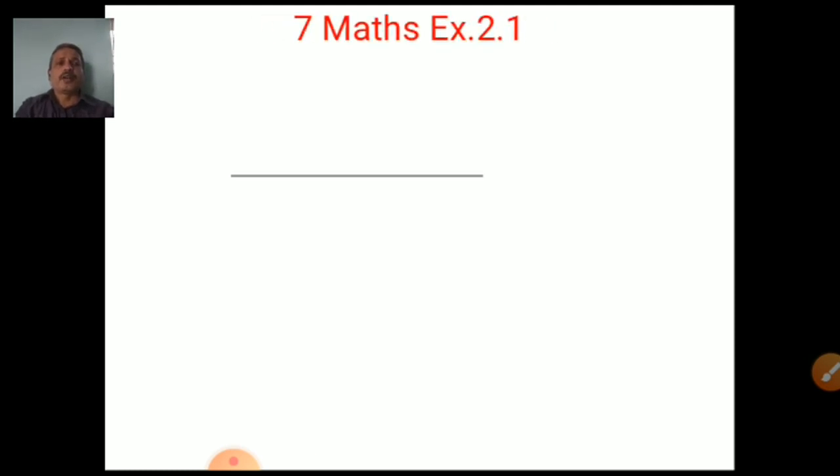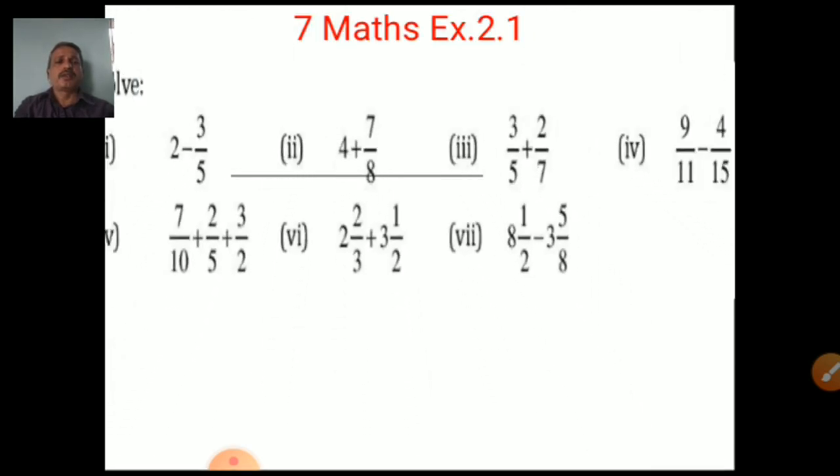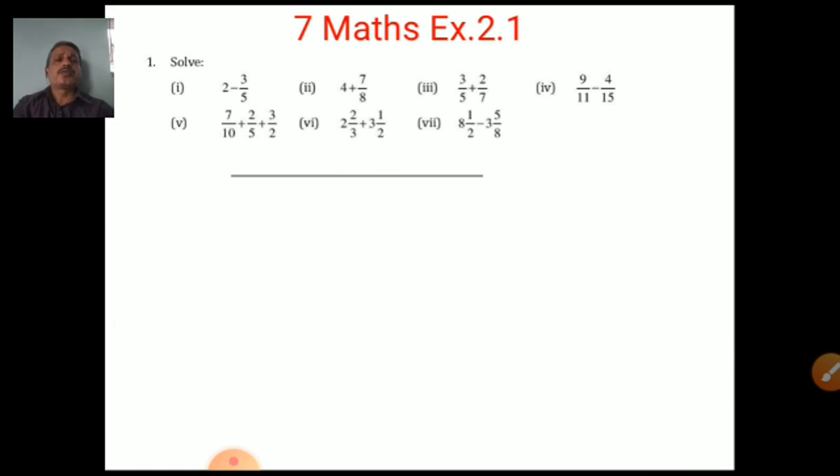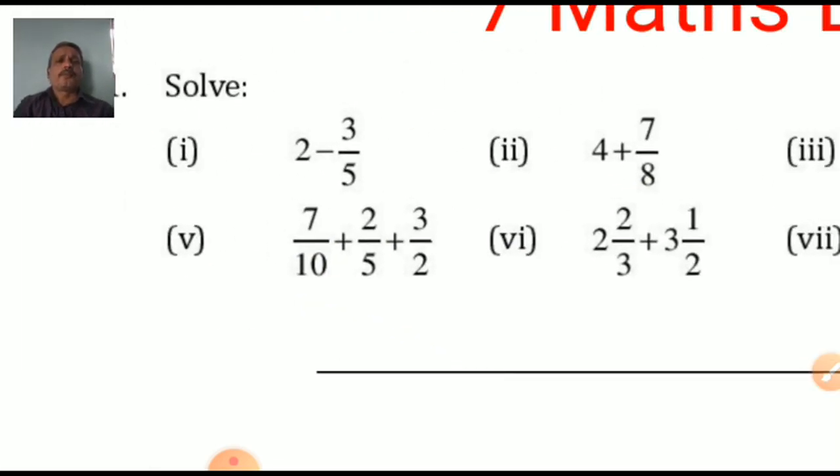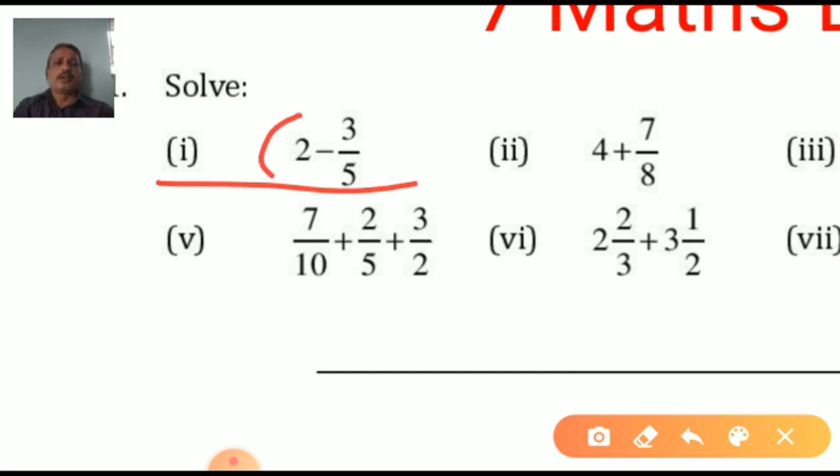Exercise 7.2.1, standard 7 mathematics. See, student, here is the solution of question number 1. What do they tell us? Solve 2 minus 3 upon 5. Second question, 4 plus 7 upon 8. So first we can discuss the first question. It has 2, a whole number, as the first number, and the second number is a fraction, 3 upon 5.